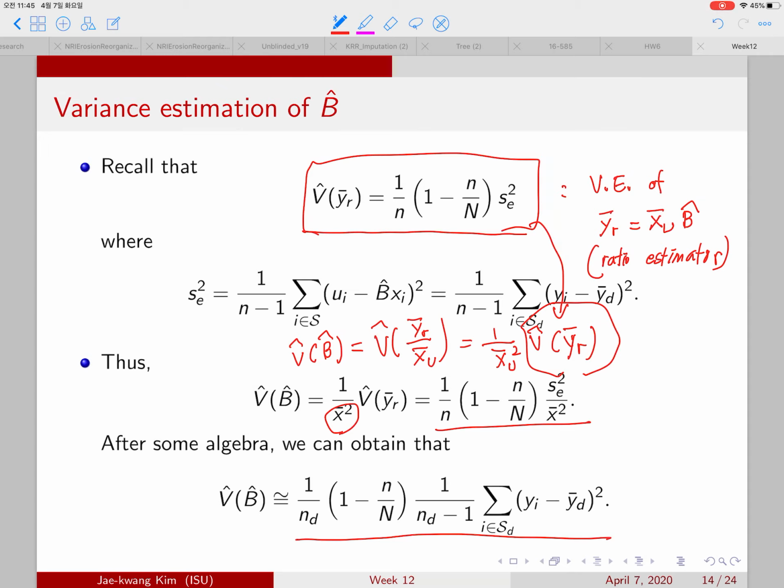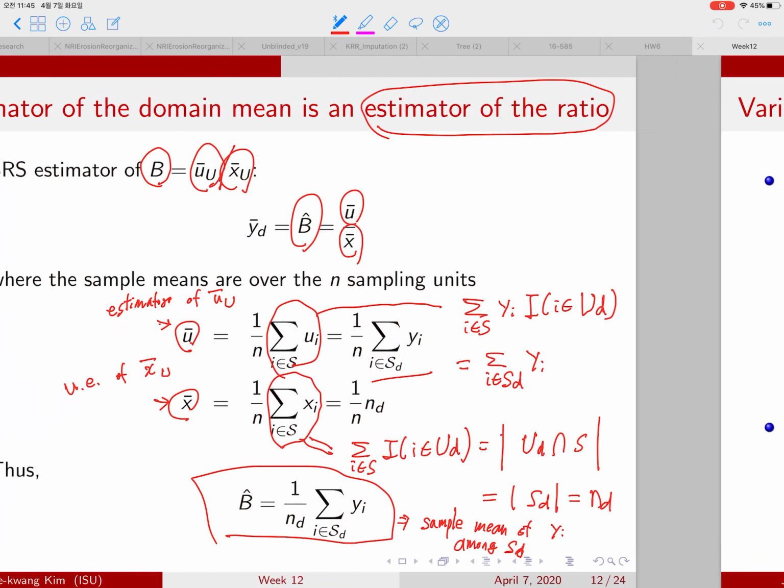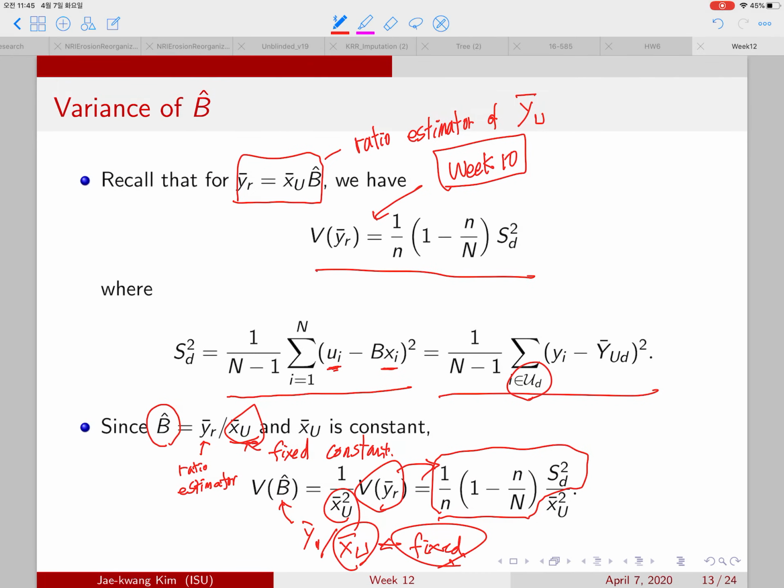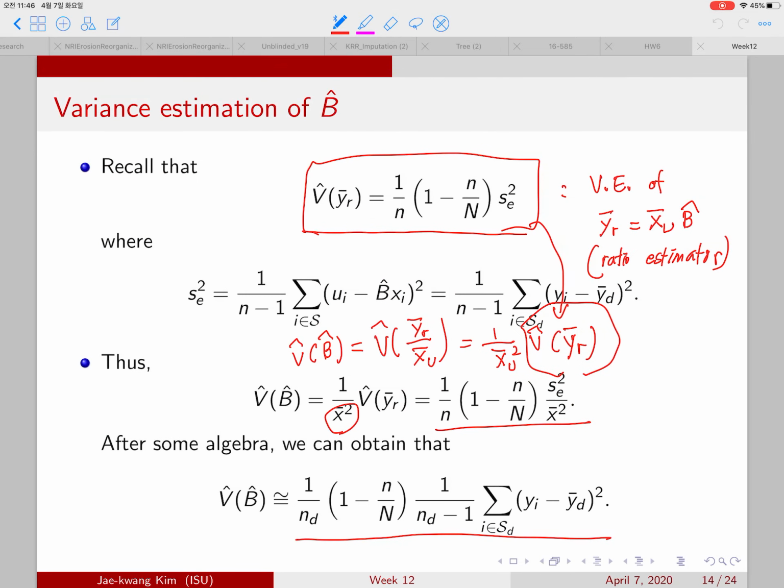One nice interpretation is that we can almost treat the domain mean as a sample mean of size n_D. That is, as if the original sample S is replaced by S_D, and the sample size is n_D.